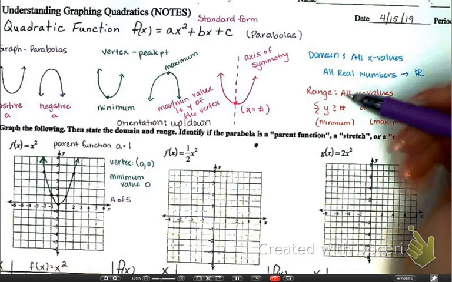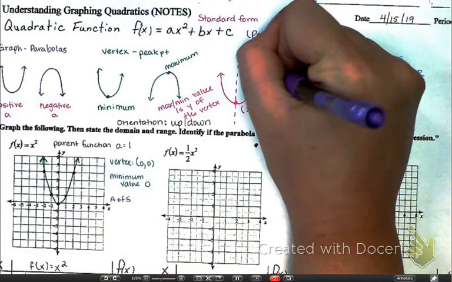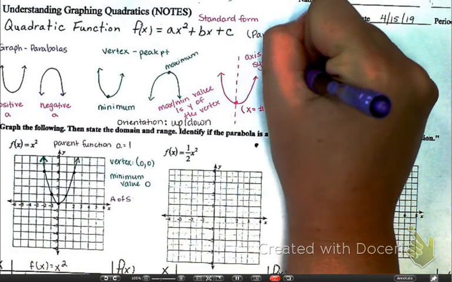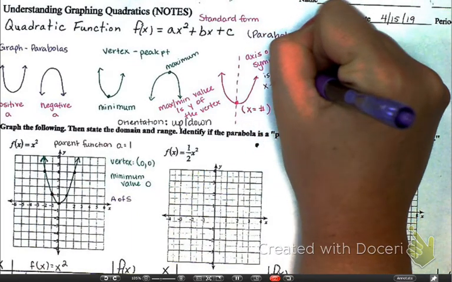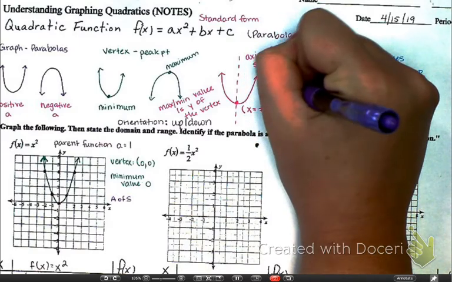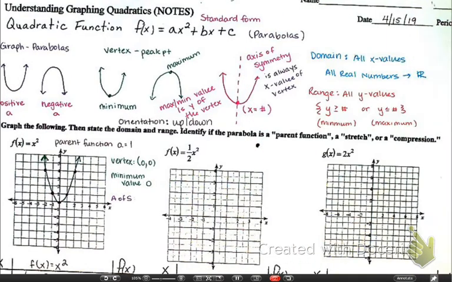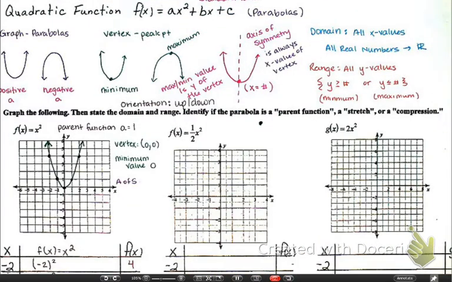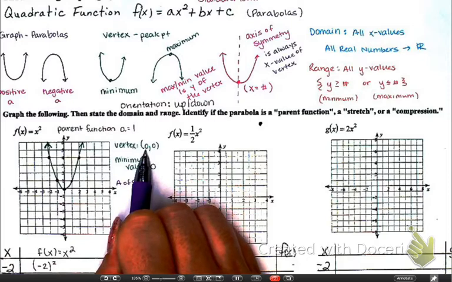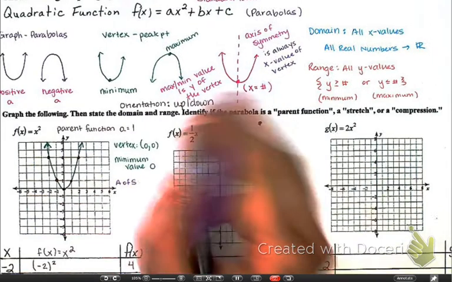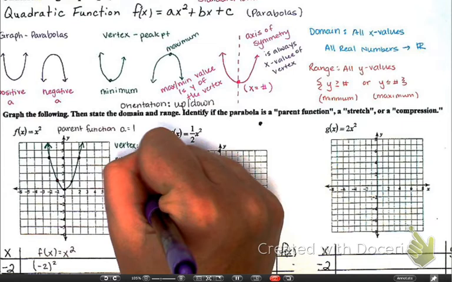And your axis of symmetry is always the x value of the vertex. So what's the x value of my vertex? 0? But remember I said you had to write it as an equation, so it's going to be x equals 0.